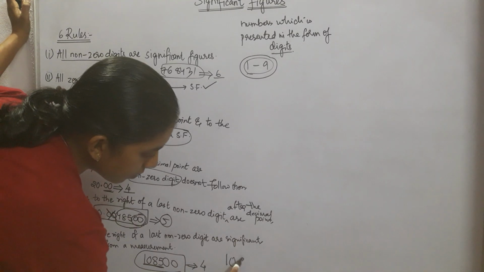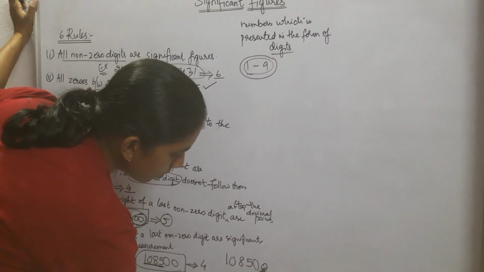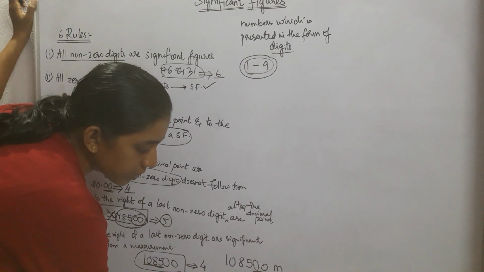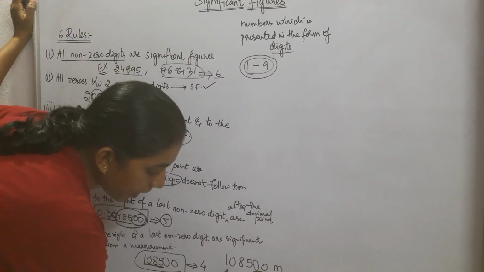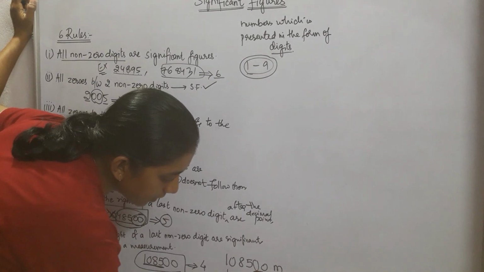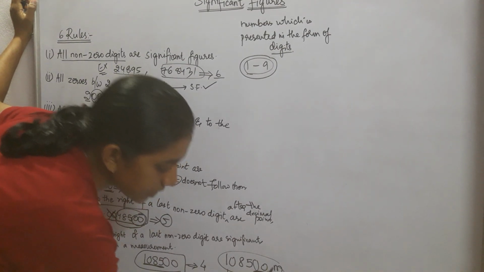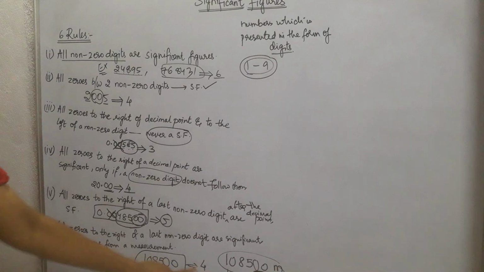But in 108,500 meters, even these two zeros are considered significant figures, and the total number of significant figures is 6, because this value is a measured value. Hence, all the zeros to the right of a last non-zero digit are significant if they come from a measurement.